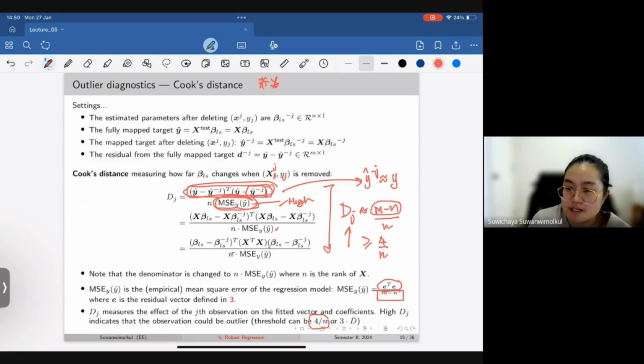Yeah, because the value is high enough to negate with the mean square error. Question? Good.